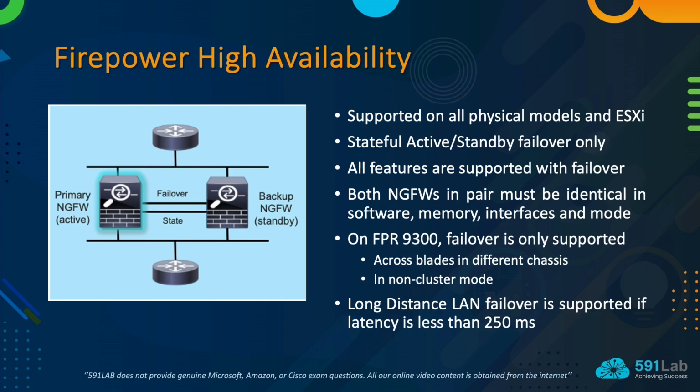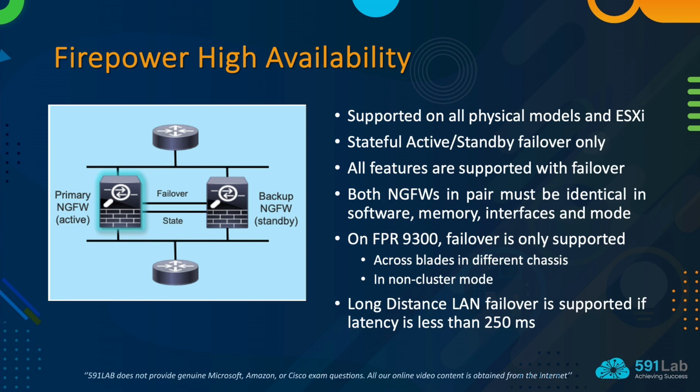Firepower Threat Defense high availability is supported on all physical Firepower models and deployments on VMware ESXi. Stateful active standby failover. Firepower Threat Defense high availability utilizes a stateful active standby failover mechanism.